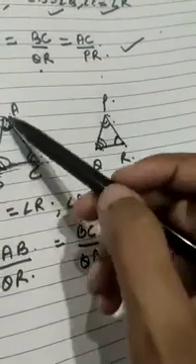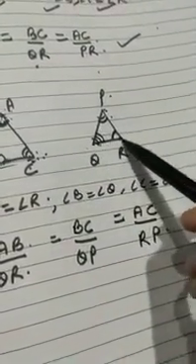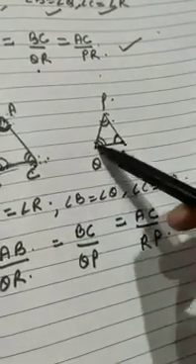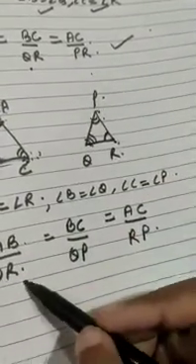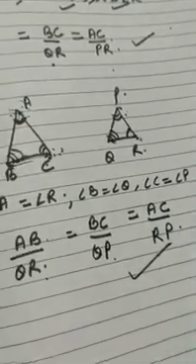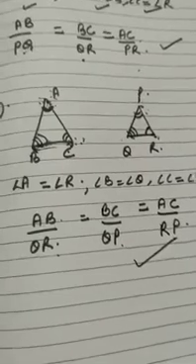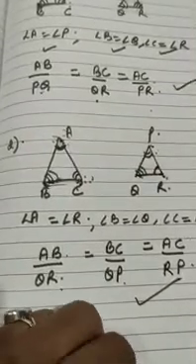Then you check that AB corresponds to QR, BC to QP, and AC to RP. Right, so in this way you can see that if corresponding angles are equal, then their sides are in proportion.